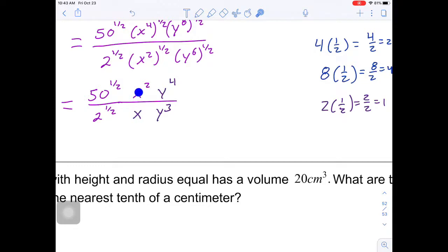Now we're left with just similar bases dividing. Again, I'm not going to do too much yet with these: 50 to the power of 1 over 2 over 2 to the power of 1 over 2. I have similar bases, so I subtract their exponents since my bases are dividing. So this would be x to the power of 2 minus 1, because remember there's a 1 there, and then y to the power of 4 minus 3.